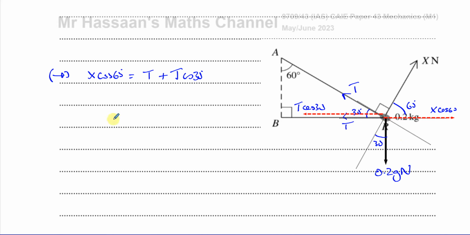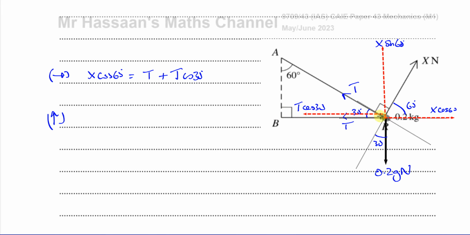So that's horizontal. Vertical, you're going to have to resolve this also in this direction. So you're going away from the angle given, 60 degrees. So this will be x times sine 60. And the weight is already acting down, that's fine. This T won't have any component vertically, but this T will.